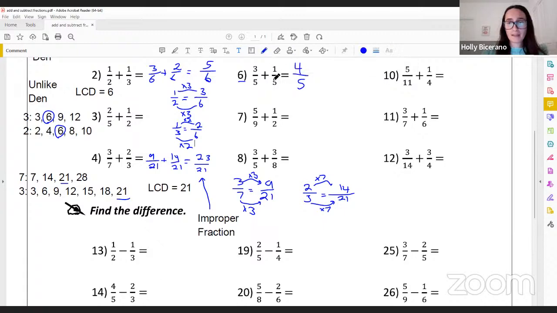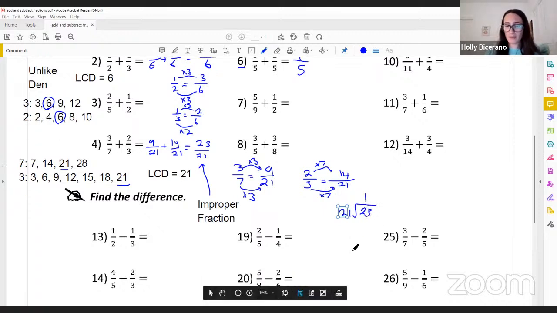Ideally, you'd be able to do that without writing it out, actually, but I'll write it out just so you can see it. So we're doing 23 divided by 21. 21 goes into 23 one time.